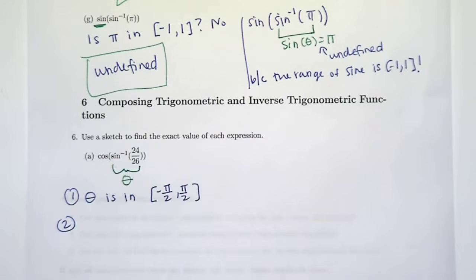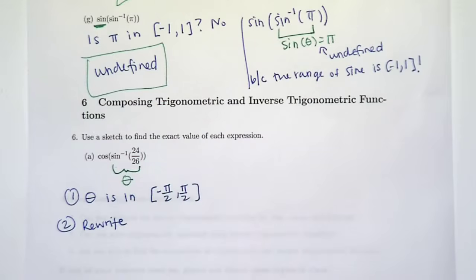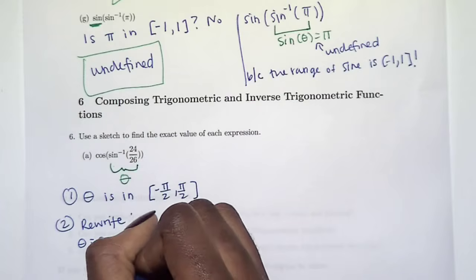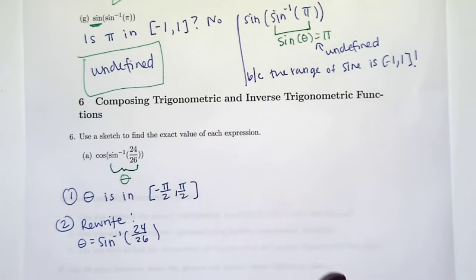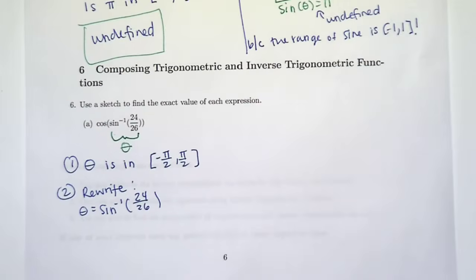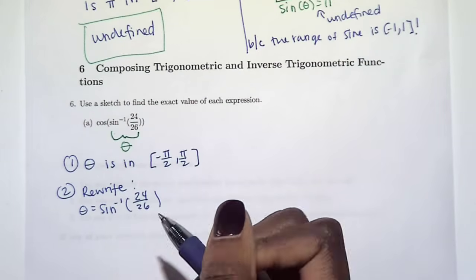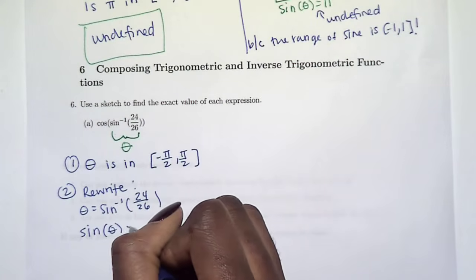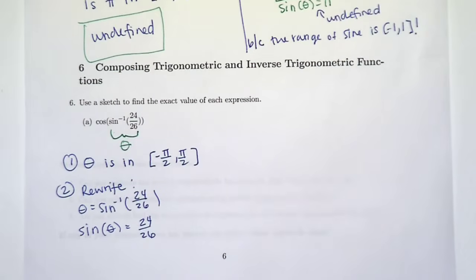The second thing we know is that we can rewrite this. We're given that theta is sine inverse of 24 over 26. Well, we can rewrite this using its inverse, so we can use the form we're used to: sine theta is 24 over 26.